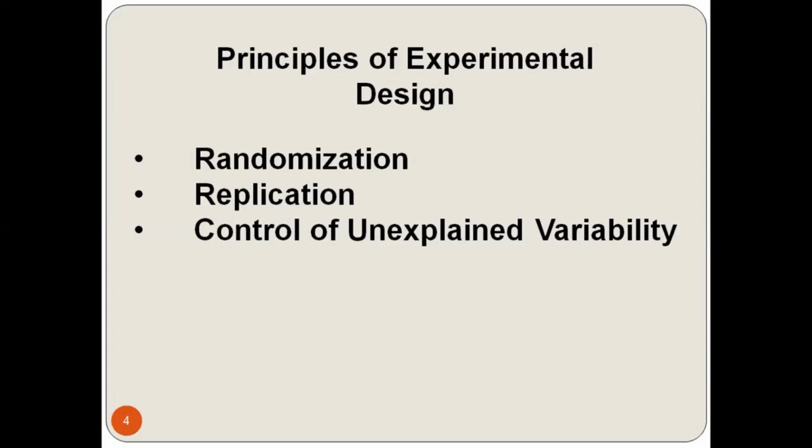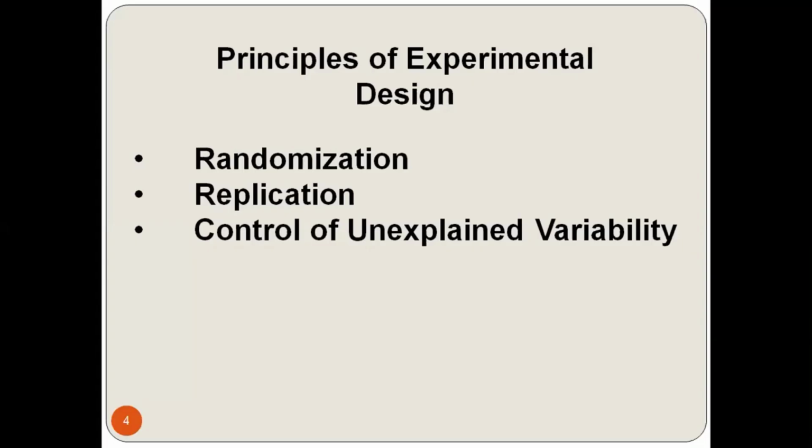What is the definition of error variance? If two experimental units have been treated with the same treatment, the variability between those two experimental units, they have been treated similarly with the same treatment. If you measure the variability between these two units, then that variability is actually called error variability.